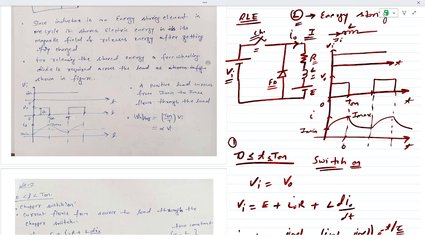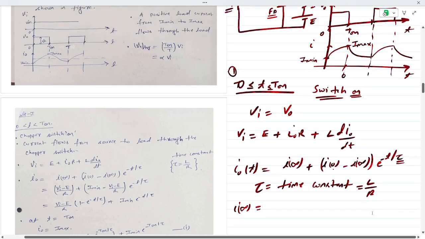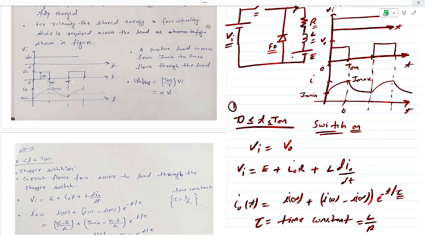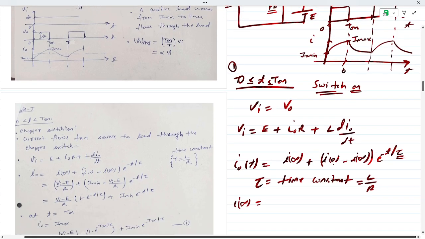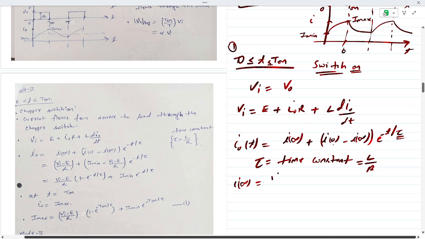So in case of t tends to infinity, the fully charged L, this I infinity is basically Vi minus E upon R only. This is the final value of current.